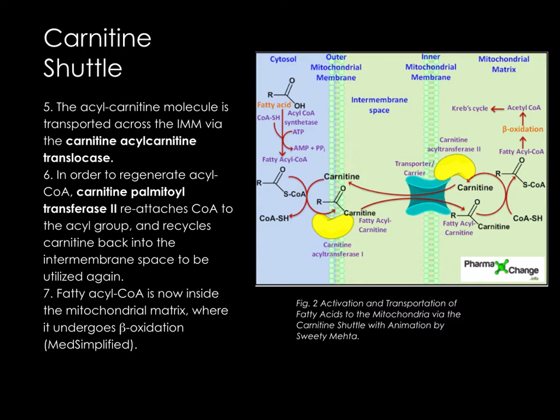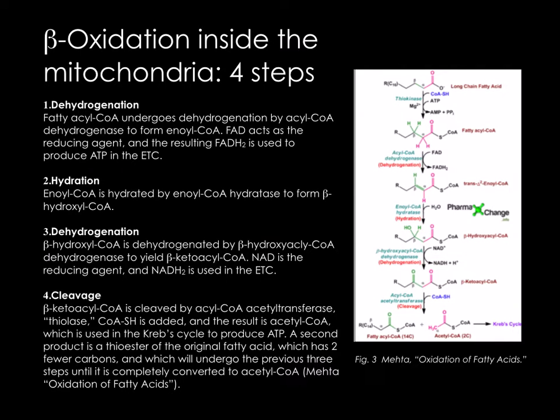So now that we have our fatty acyl-CoA inside the mitochondrial matrix, we're going to be able to continue beta oxidation. Now there are 4 general steps with beta oxidation. The first step is dehydrogenation.